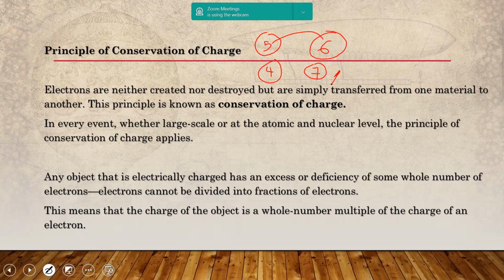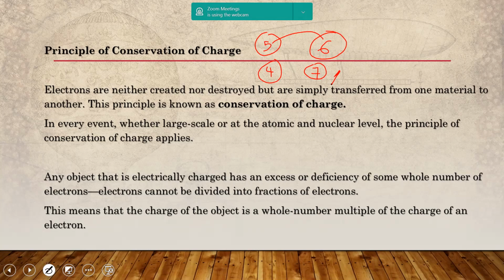This principle is known as conservation of charge. Sorry, it's like the conservation of energy. In every event, whether large scale or at the atomic or nuclear level, the principle of conservation of charge applies.